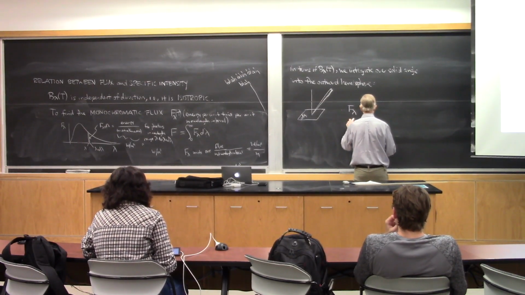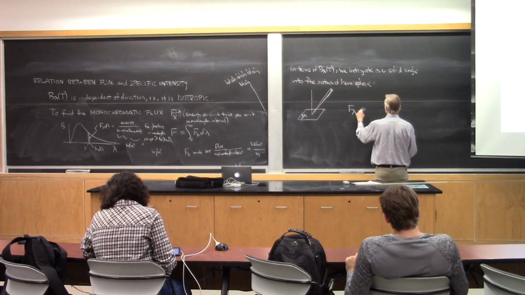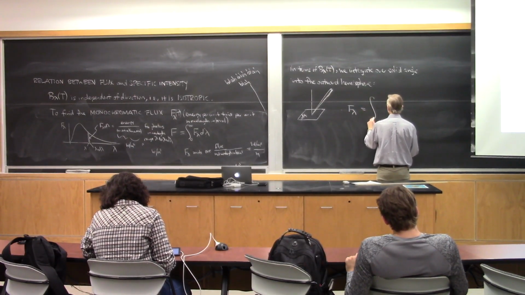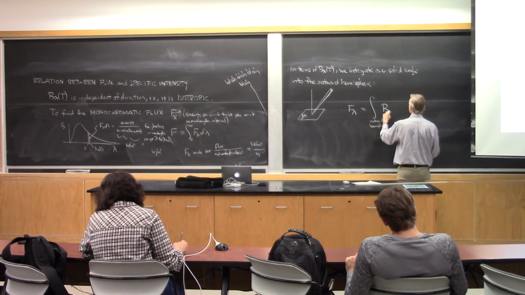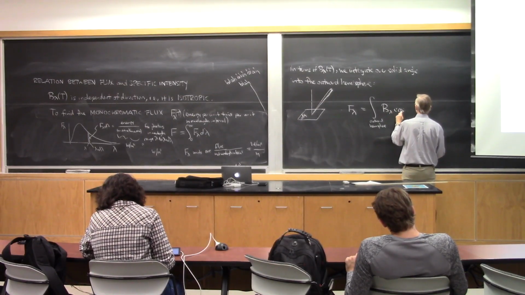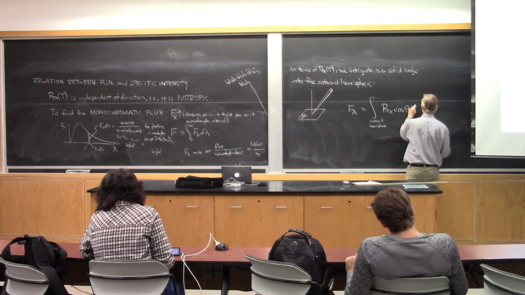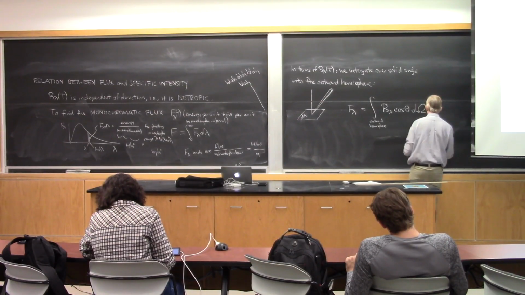F lambda, I'll just suppress the t here, will be the integral over the outward hemisphere of B lambda cosine of theta d omega.